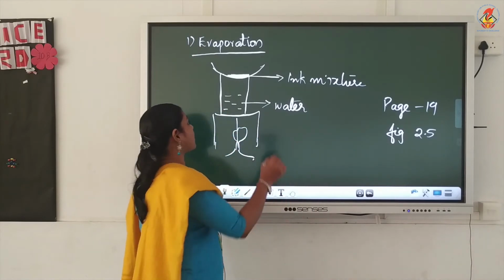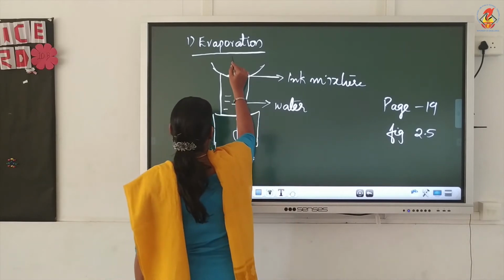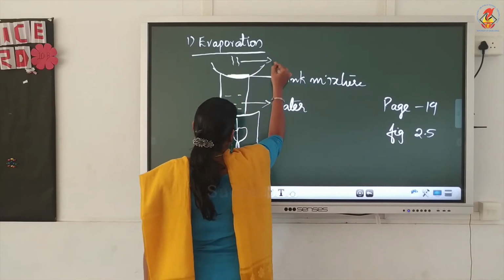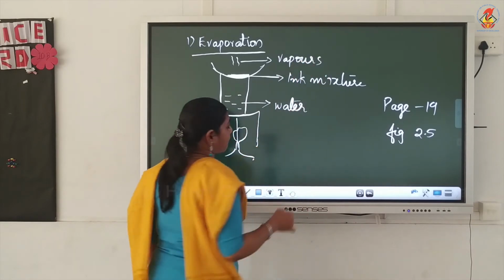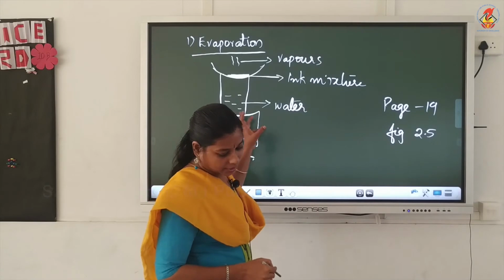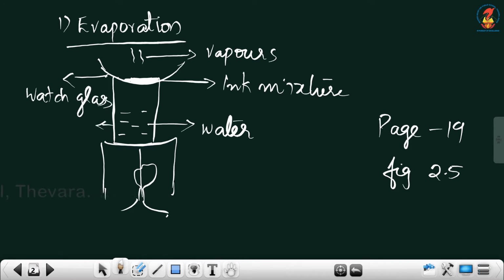On heating, what do you have to observe? We can observe the vapors of water going up by absorbing the heat energy. This is the ink mixture, this is the watch glass, and this is the beaker.